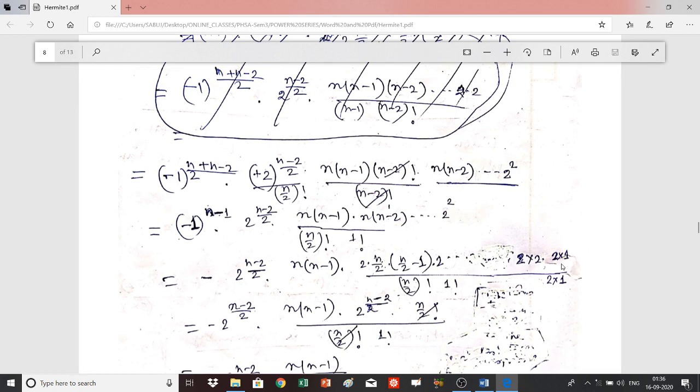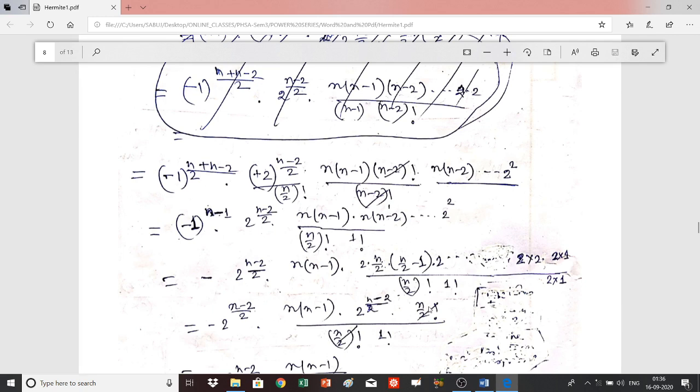So from each term, since 2 is coming out, you can write 2 to the power n by 2 minus 1, since the last term is not present here. So from here you can write 2 to the power n by 2 minus 2.